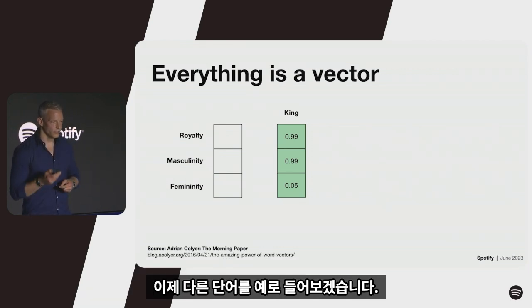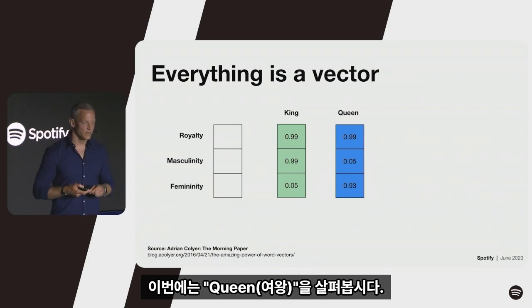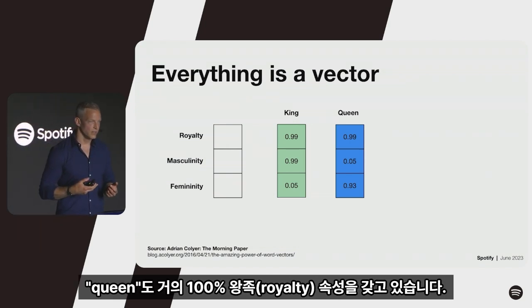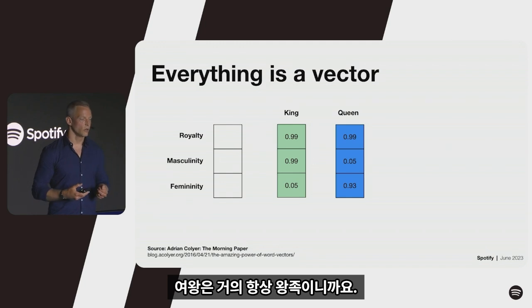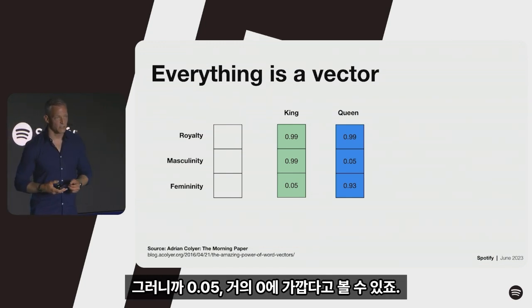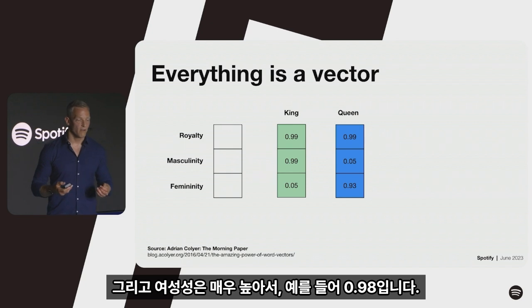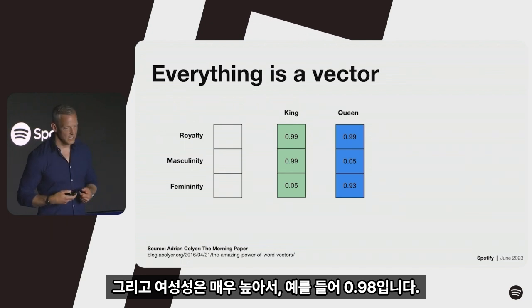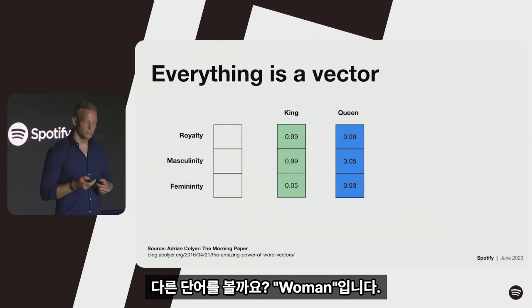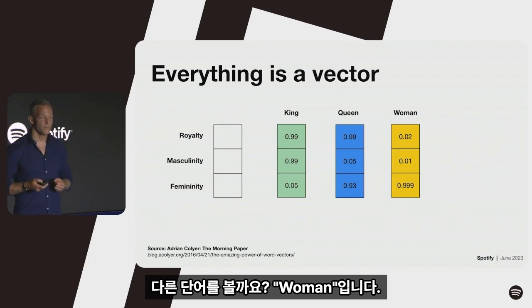Now, let's take another word. Let's take queen. So queen is also about 100% royalty, right? A queen is almost always royal. It is very low in masculinity, so let's say 0.05, almost 0, and very high on femininity, 0.98, for example. Let's take another word, woman.